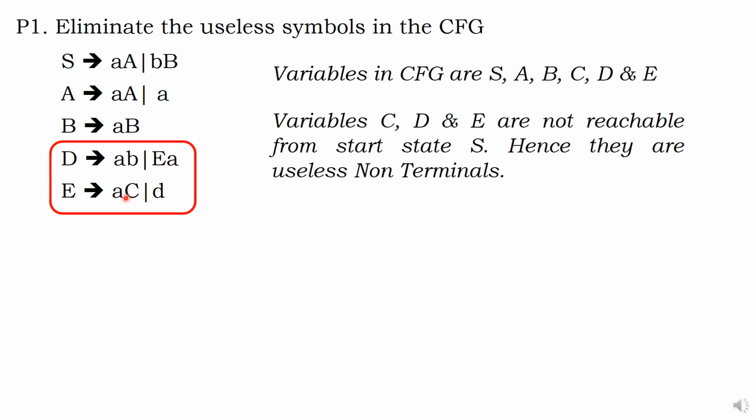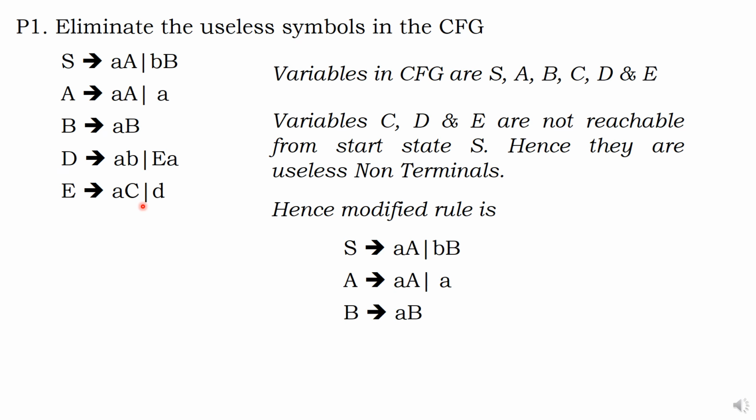C is on the right hand side, sir. Sorry, my dear. Is it reachable? That is the next question. Blindly telling right hand side is not the story. Is it reachable? So, from S, A is reachable, B is reachable, C is not reachable, D, E are not reachable. So, the whole group is eliminated.